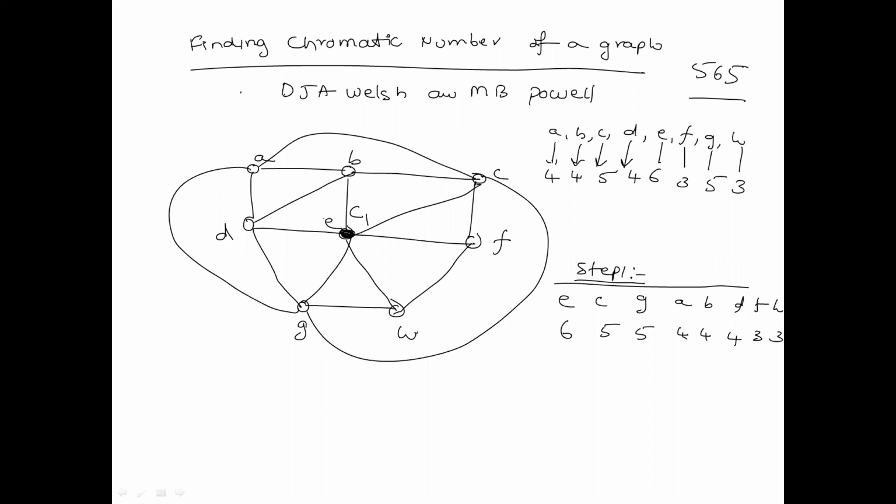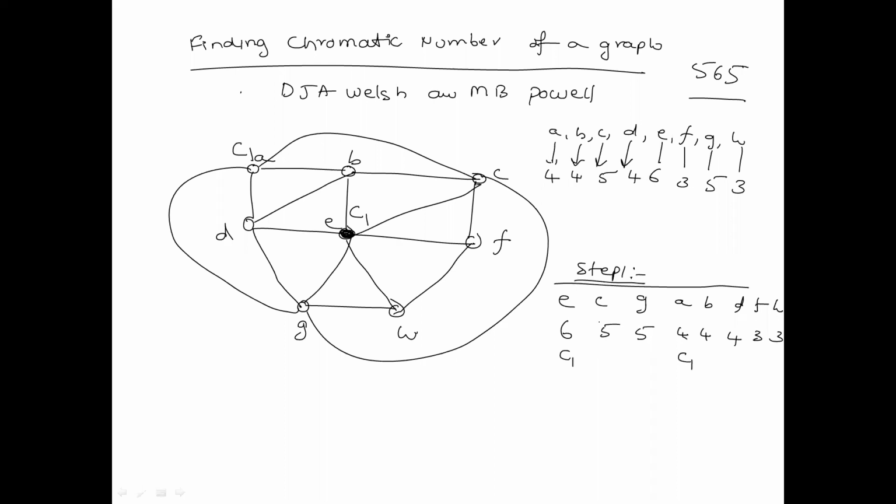Since A is not adjacent, I can give the same color C1 to A also. So C1 is given to E and C1 is given to A also.